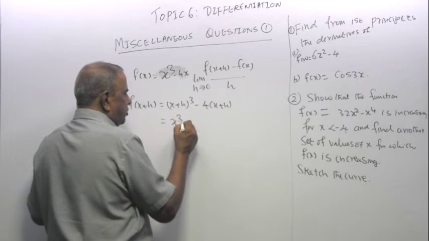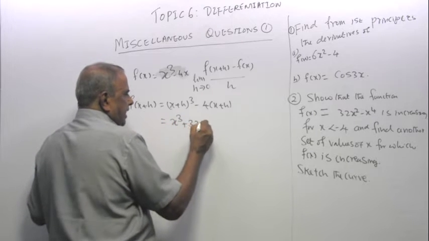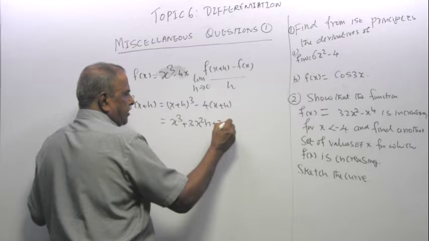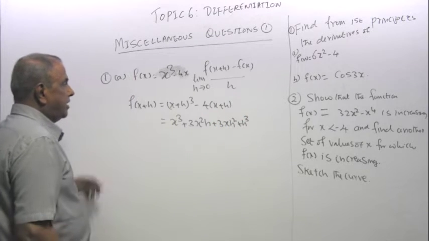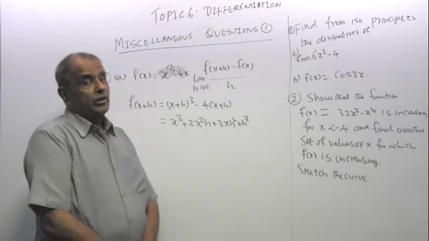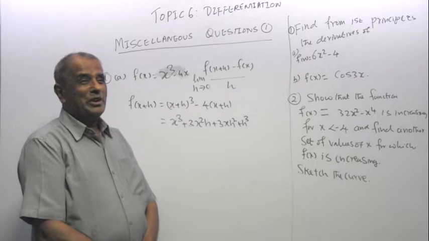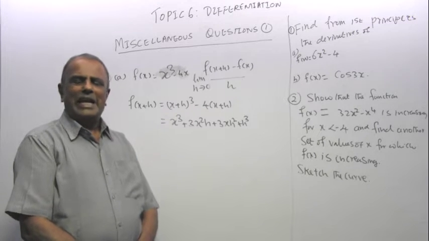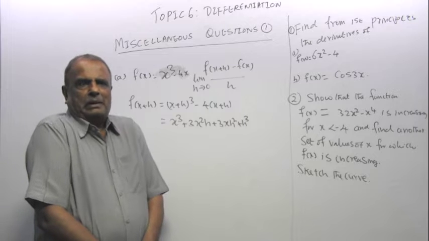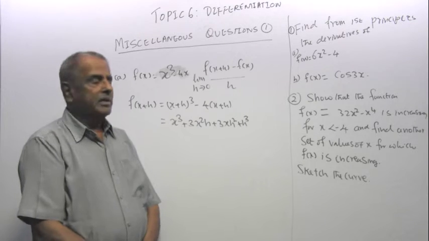It will be x cube plus 3x squared h plus 3xh squared plus h cube. For those who don't know this, either you can multiply, which I think would not be a nice thing to see from an A-level math student, but we'll accept it. Maths is maths, so it's perfectly alright.